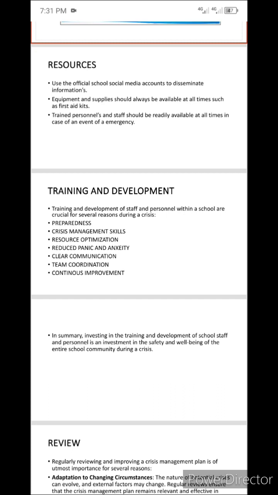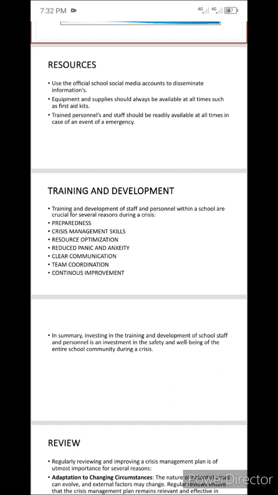Reduce panic and anxiety. So this is the most important, as imagine if those people that are handling or taking charge of the emergency are dali ra maratol. It would be ironic nga if sila dapat ang ma-save, sila dapat ang mo respond during an emergency, sila na noon ang naratol.